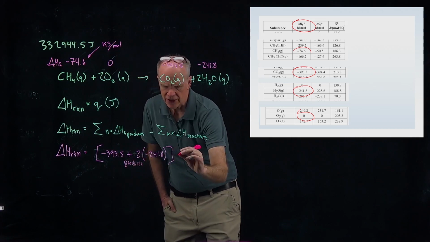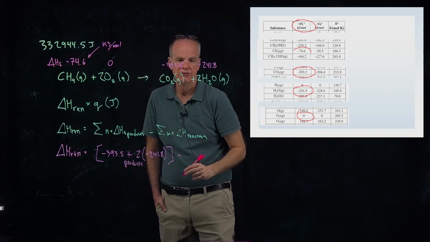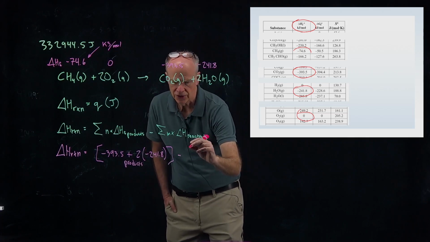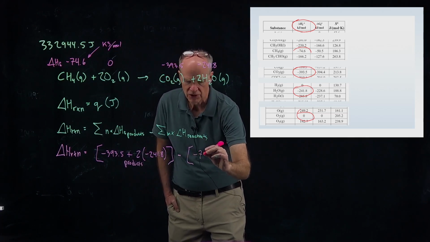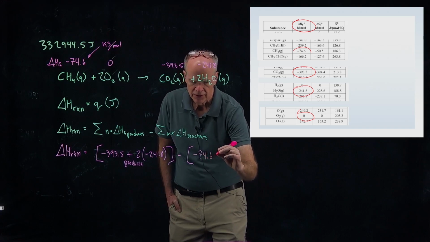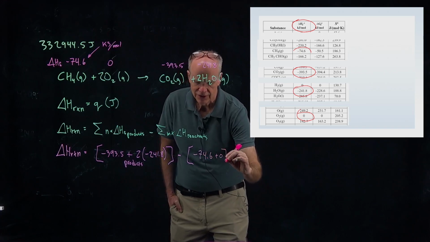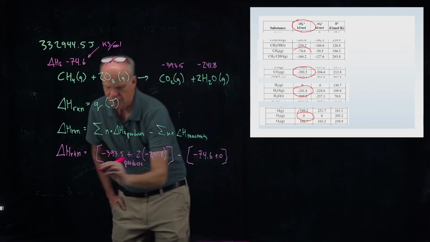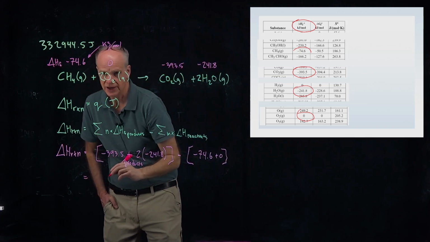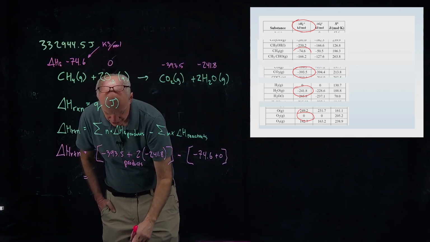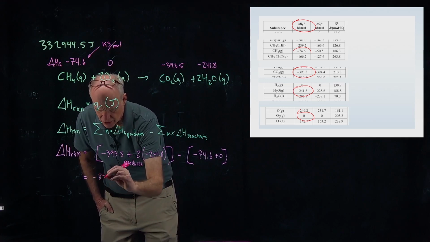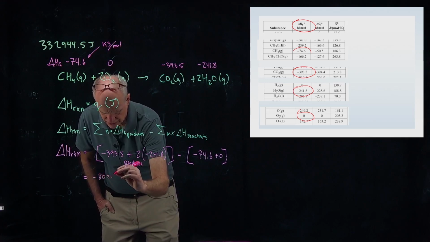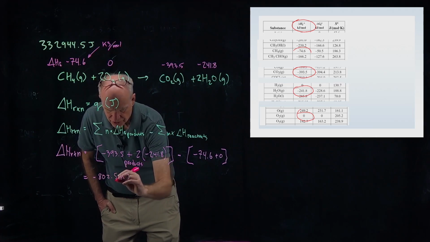And then we're going to subtract from it the formation of the reactants. And so the reactants are negative 74.6 plus 0. So if you do the math carefully, what I get here is negative 802.5 kilojoules per mole.